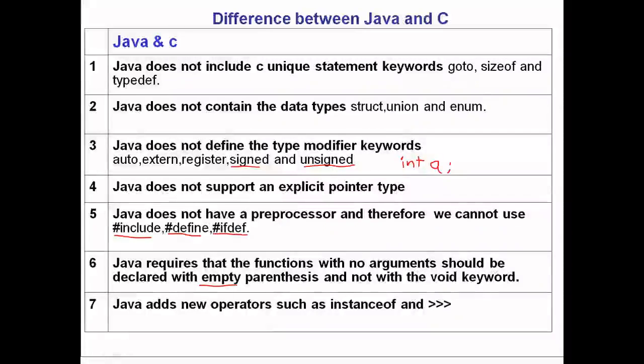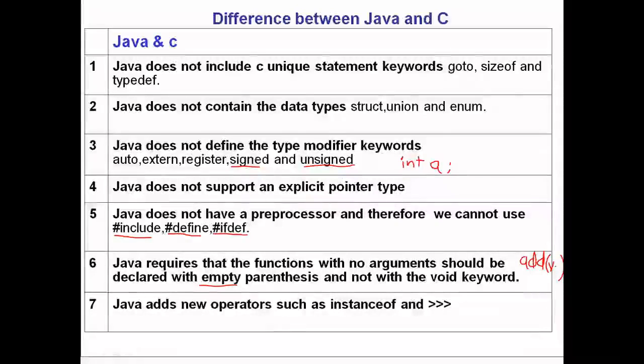Like in C program, if you are declaring a function, say you are writing a function add, so function always has brackets, and suppose this function is not taking any arguments, that means you have to declare this function as void.